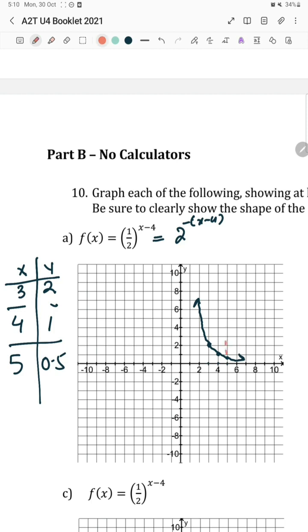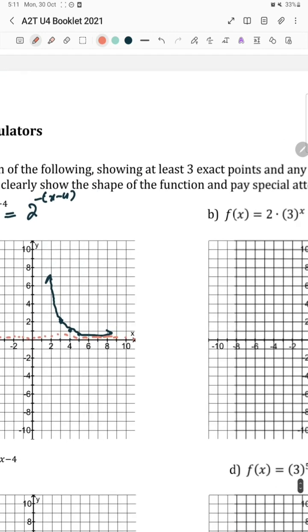So the graph is not touching there, but it's actually moving nearest to the 0. So the point where it's actually trying to approach is called the asymptote. I'm marking it with red.